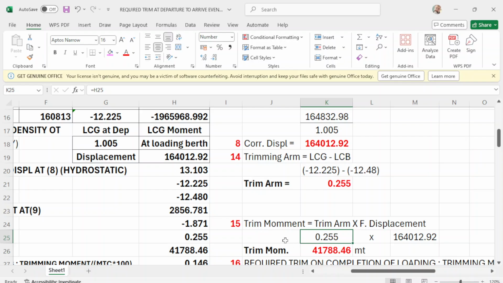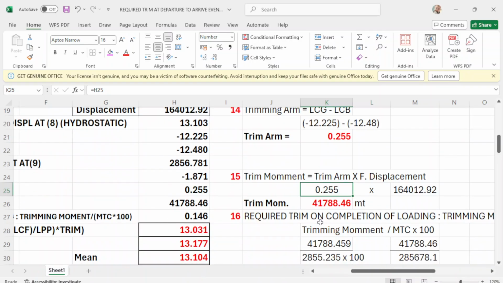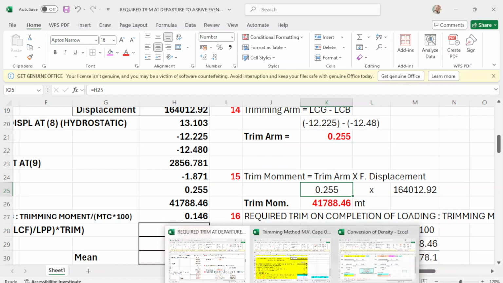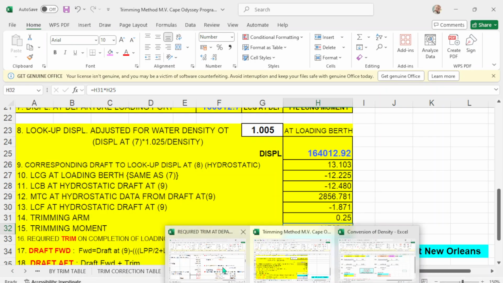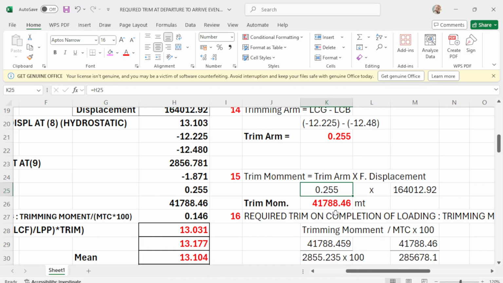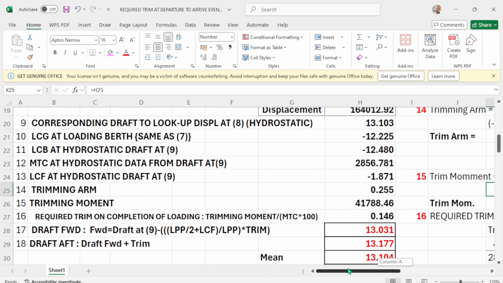So trimming arm 0.225 multiplied by your final displacement 164.01292, and your trimming moment will be 41.78846, which is this one. Okay, that will be your number 15 of trimming moment.